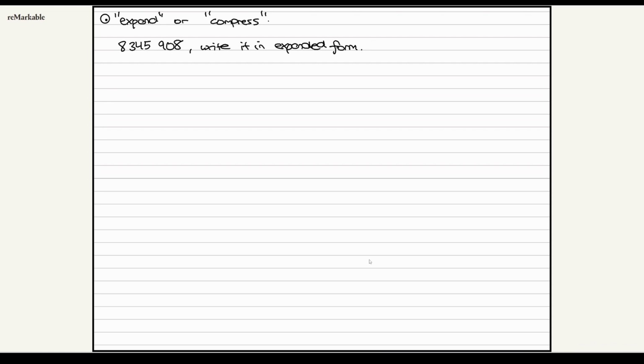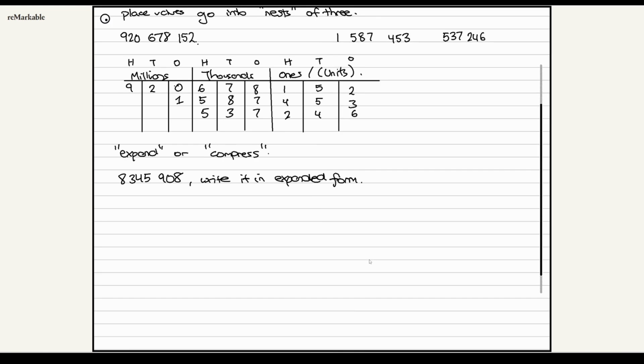So let's put it back in our table to make ourselves a bit more comfortable. Let's go back to front again. We're going to put the 8, the 0, the 9, then the 5, the 4, and the 3, and then the 8. So we've got 8 millions, 300 thousands, 40 thousands, 5 thousands, 900s, no tens, and 8 ones.